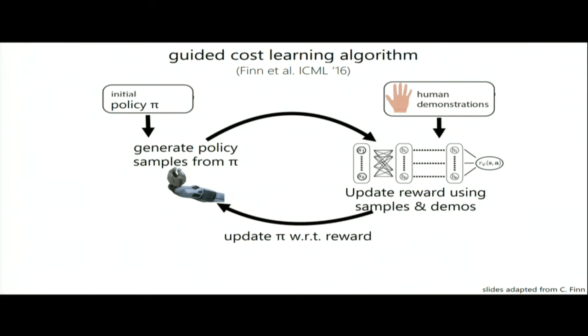So every step of the algorithm, it updates the reward function, updates the policy, and so on. And then at the end, you get a reward function over here, and you actually get a policy over here. So by the end, you should have a policy that's pretty decent with respect to this reward function, and a reward function that is actually a good estimate of the expert's reward function.